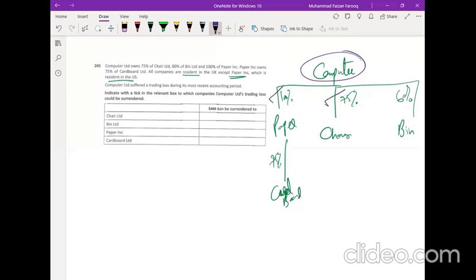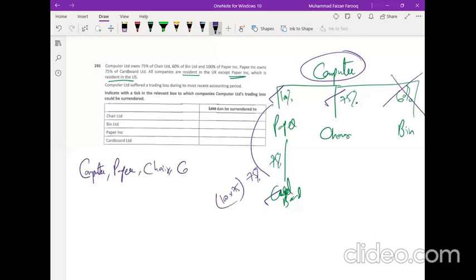Chair is okay, Bin is not okay. And for this one, the effective percentage is 100 into 75, which is 75, so Cardboard is also okay. So the group is Computer, Paper, Chair, and Cardboard. Am I right or wrong?